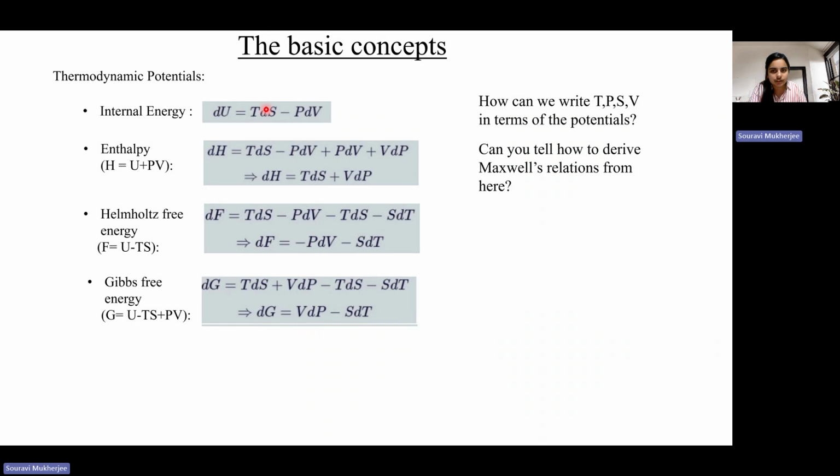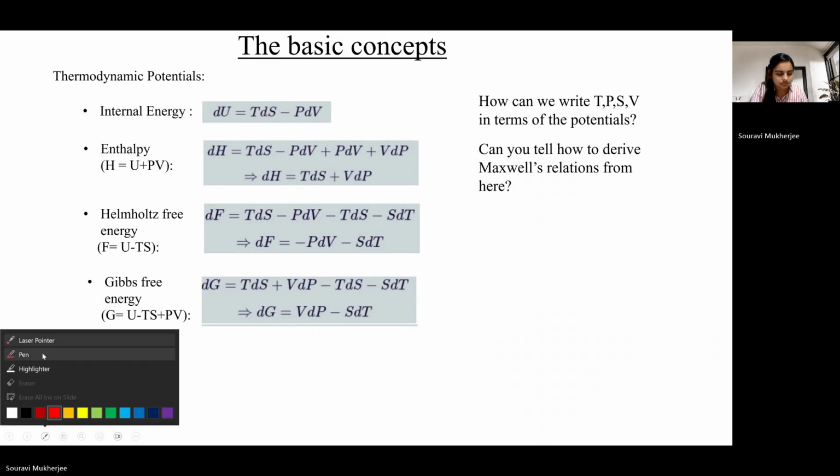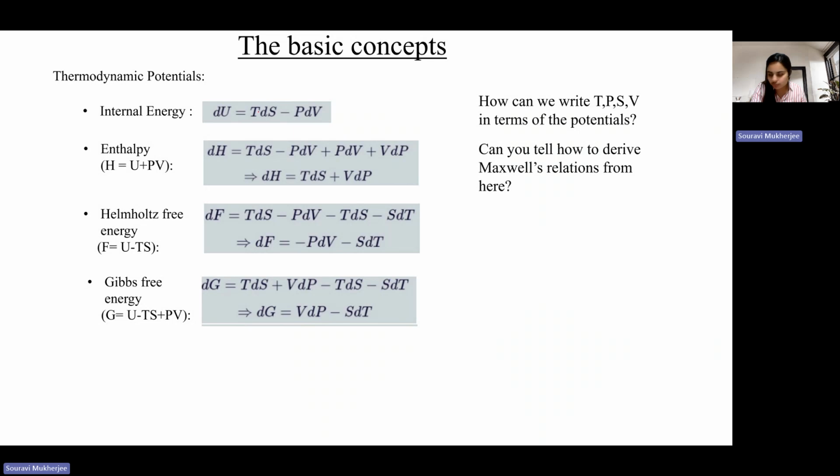So if I just take this example, how will you do it? You have to expand this, right? If you consider U to be just a function of S and V, then you write T as, so what is T?